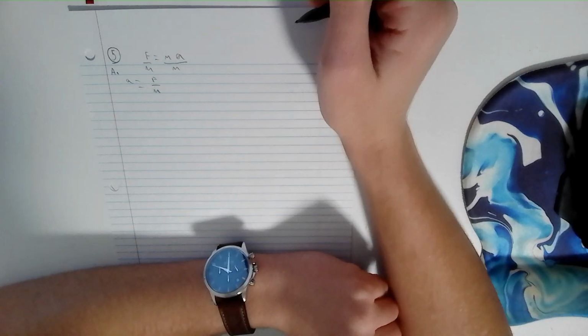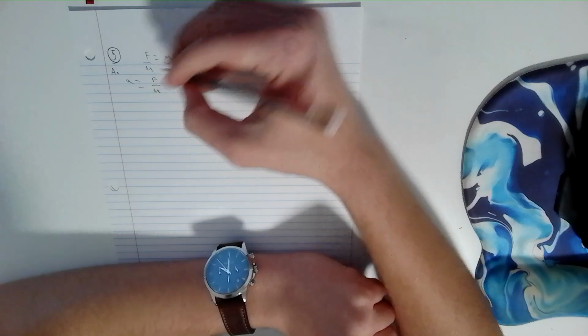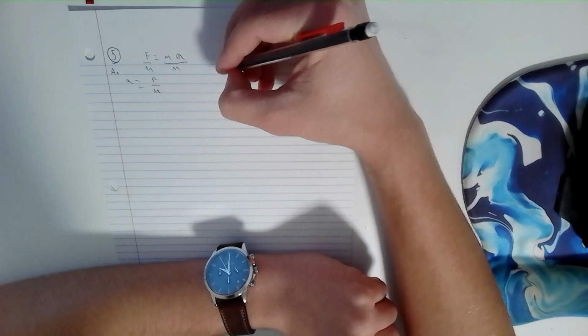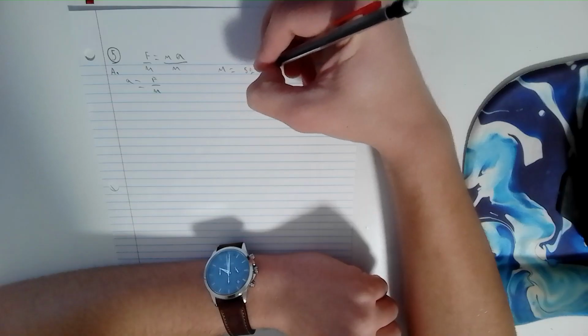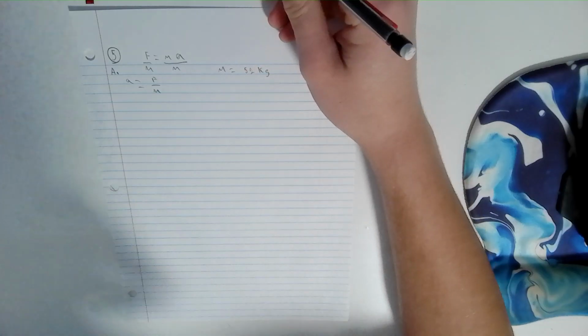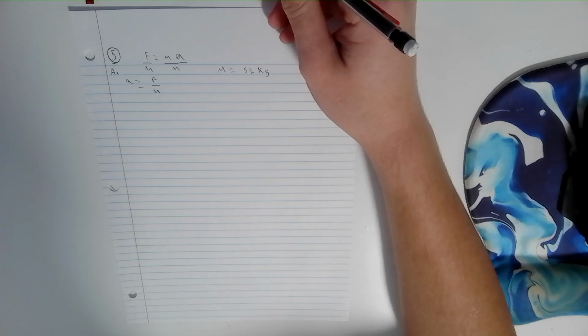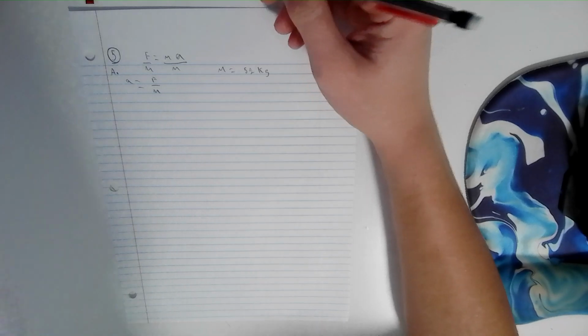over mass, okay? And then in this question, it says the books have a mass of 52 kilograms, so mass is going to equal 52 kilograms. And then it says that the horizontal force is 25 newtons.